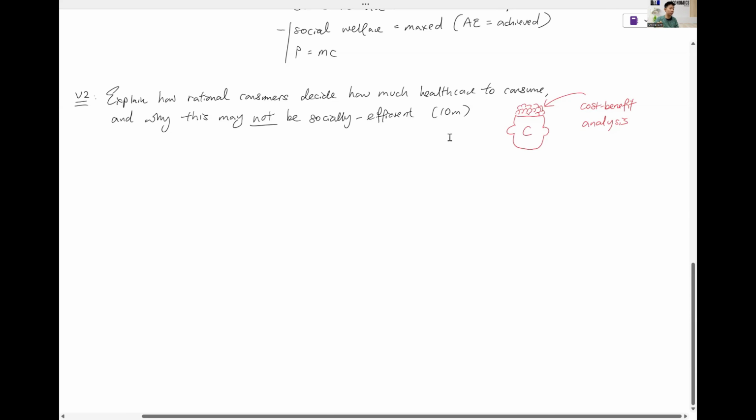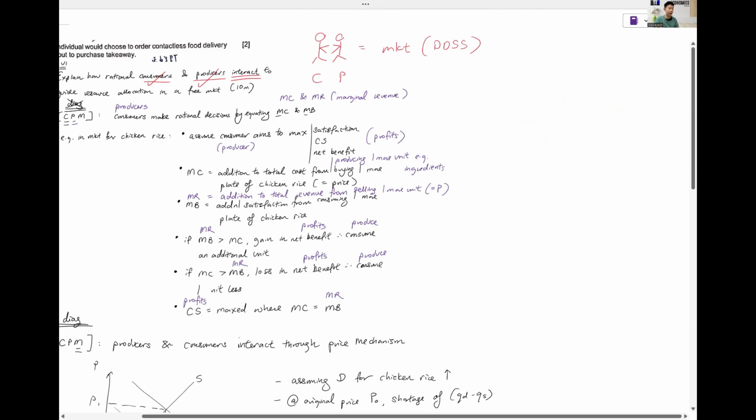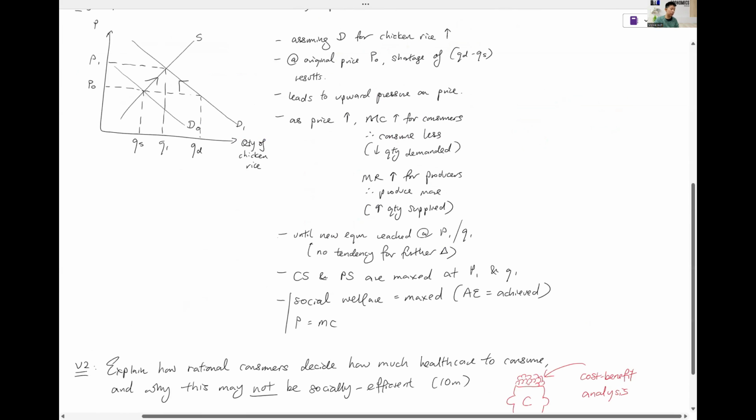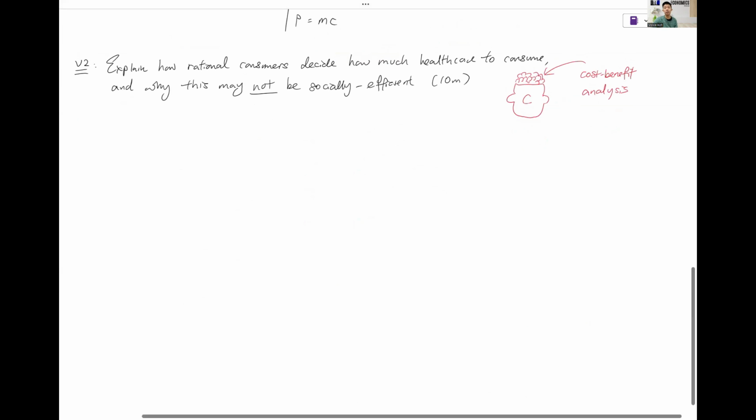Once again, the previous question is asking for consumers and producers. The next question is only on consumers. So don't be surprised if you see, hey, how come you're using a different diagram? Okay. So what do I do here?